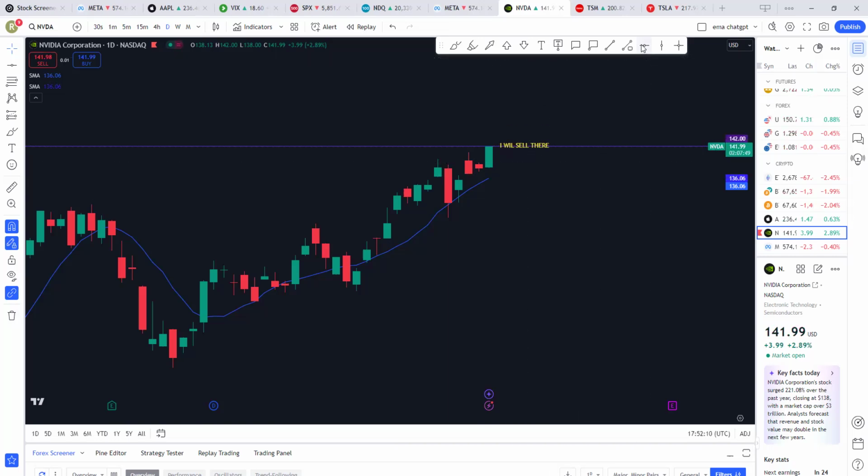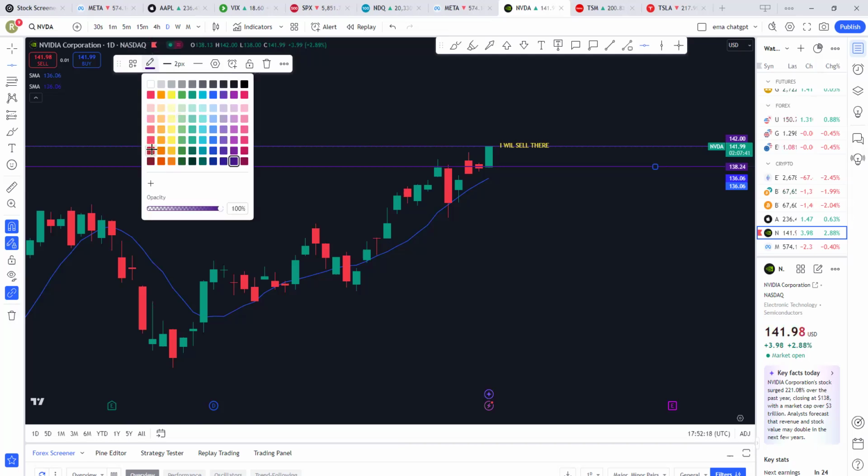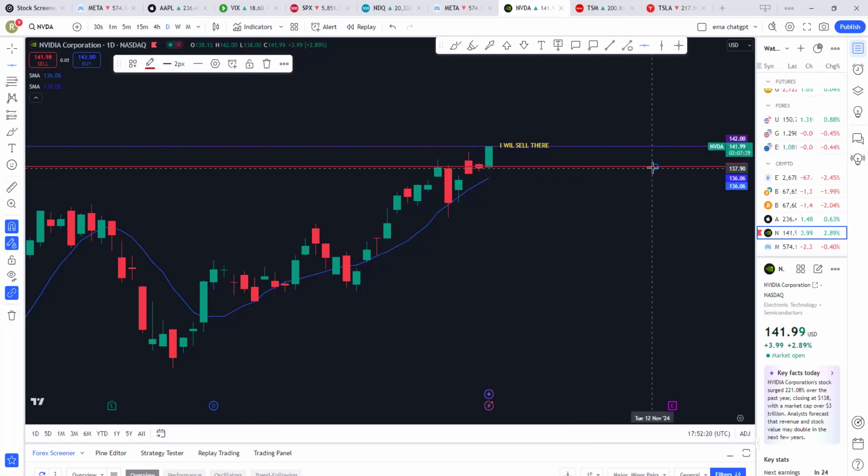Now you can add support here. The support will be 137, let me say 137.